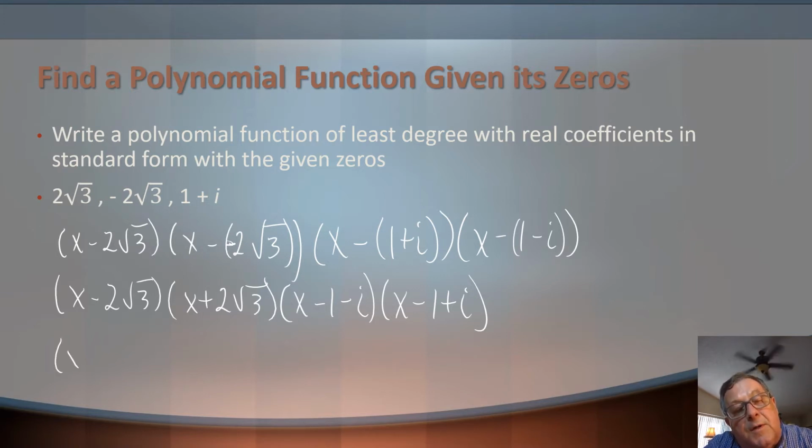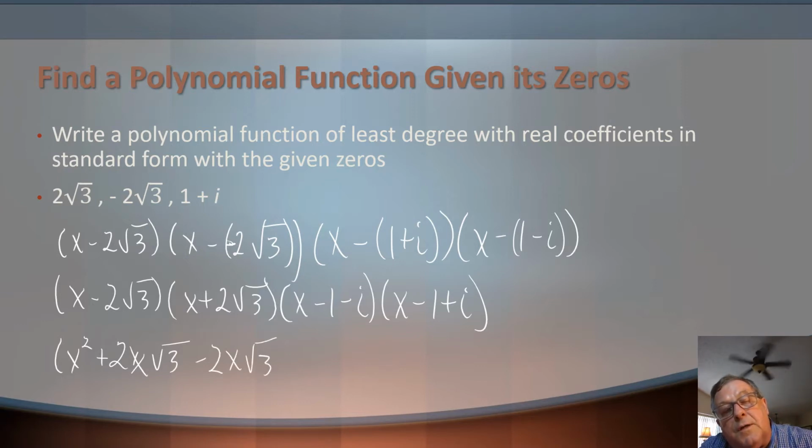So x times x is going to be x squared. x times positive 2 square root of 3 is going to be plus 2x square root of 3. And then we got negative 2 square root of 3 times x. That's going to be minus 2x square root of 3. And then we've got negative 2 square root of 3 times positive 2 square root of 3, which is, so negative 2 times 2 is negative 4.